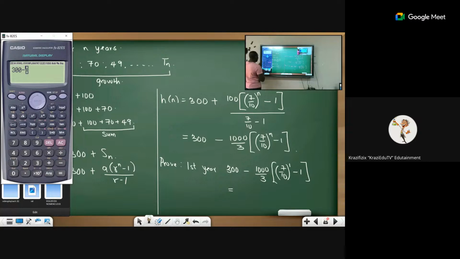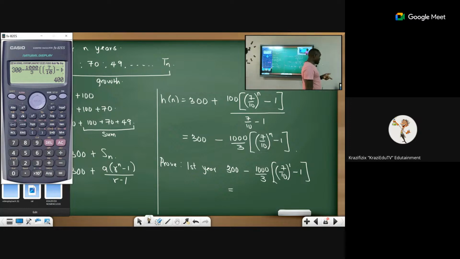Minus 1,000 over 3, we open two brackets. We have 7 over 10, exponent of 1, minus 1, close the bracket. My answer should be 400.